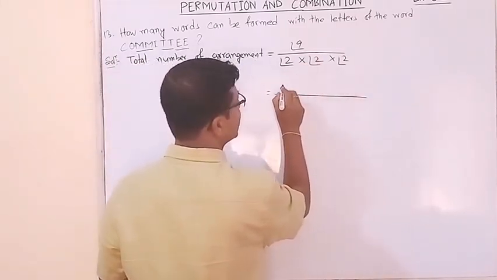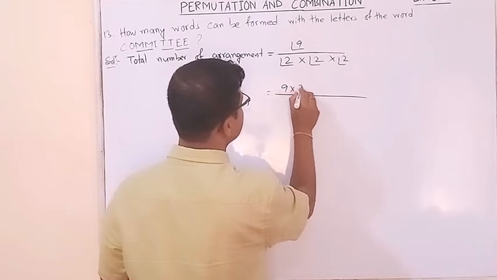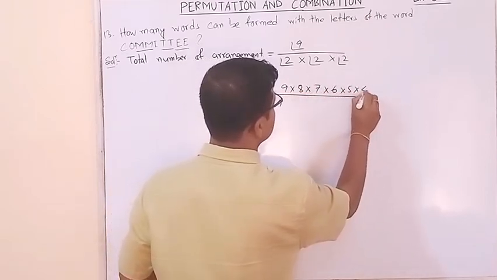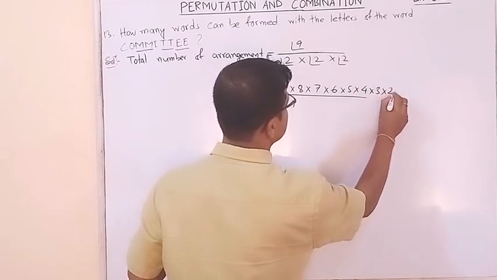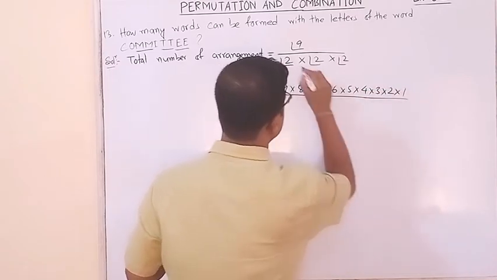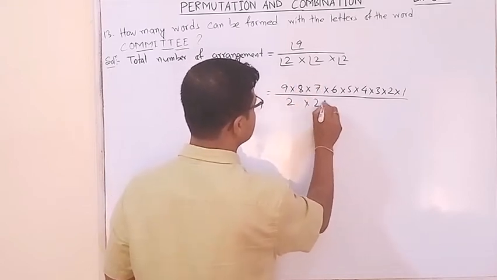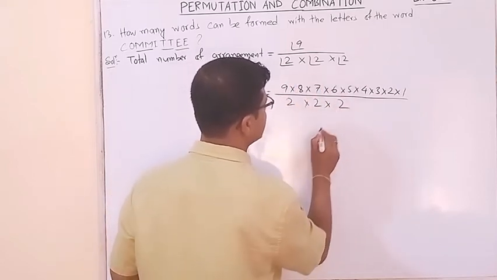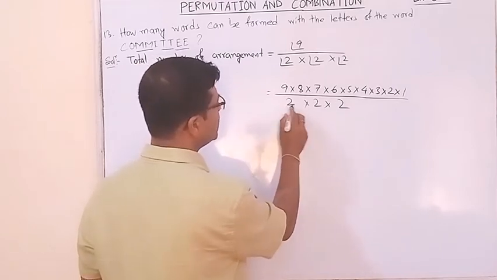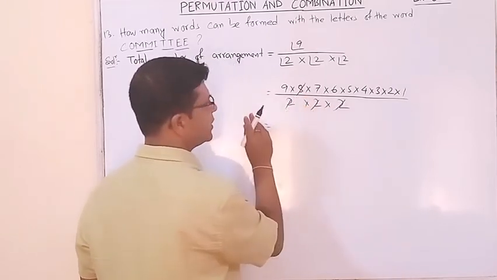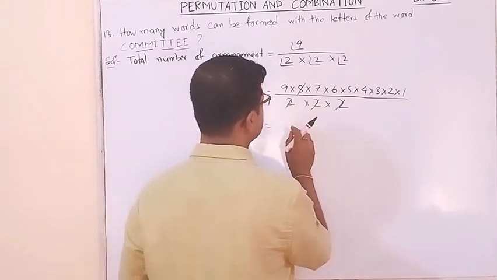Factorial 9 can be written as 9 into 8 and so on down to 1. Factorial 2 can be written as 2 into 1, that is 2. Now 2 to the 4, 4 to the 8. This can be cancelled. Now let us make groups and multiply.